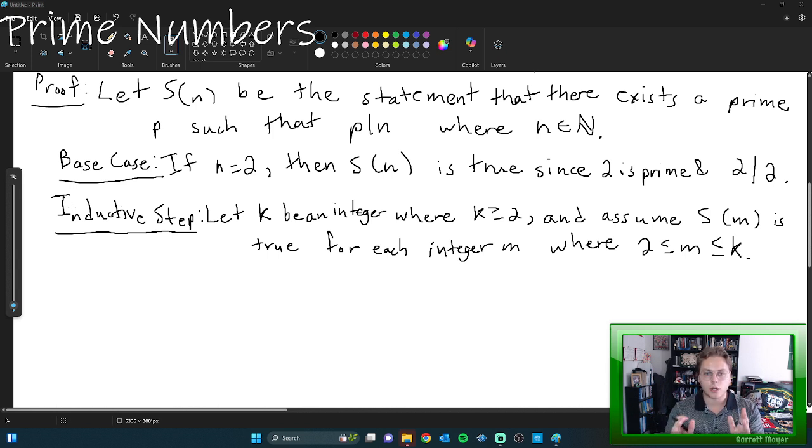The reason why this works is because we're starting with k equals 2, and what we're trying to show is that S of k plus 1 is true once we assume this. So we start with just k equals 2, and then show that knowing S of 2 is true proves that S of 3 is true. Okay, and now we know S of 2 and S of 3 are true. Well, now using those two together, we can prove that S of 4 is true.